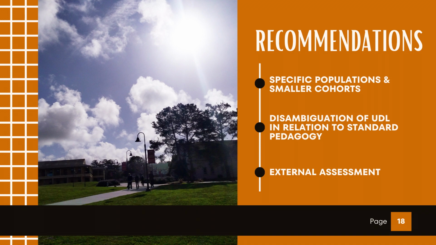Secondly, there should be a disambiguation of UDL in relation to standard pedagogy. So, to put that simply, some of the UDL framework really overlaps with what people would consider to just be good teaching practice. And so that difference, as compared with something that is much more intentional about improving access for students, it kind of muddies the results that we would see.